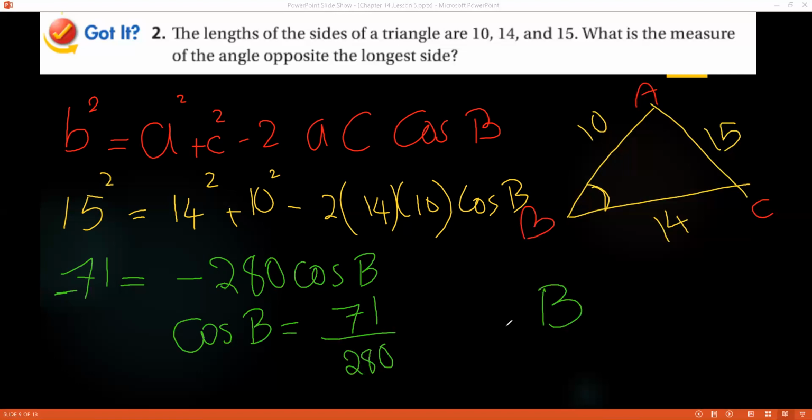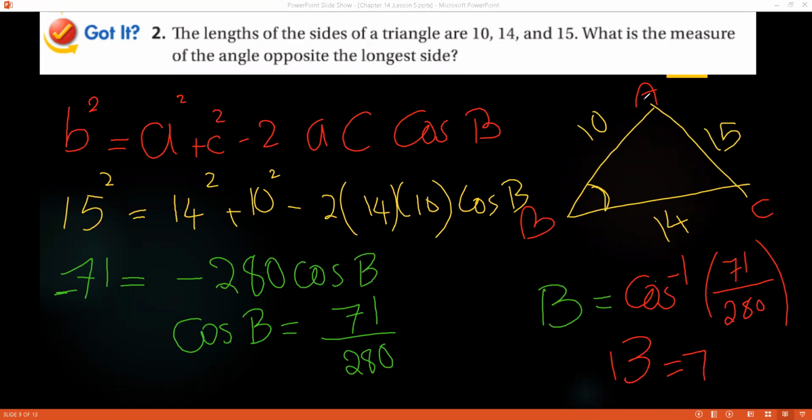So what's the angle of B? What do I have to do here? Cosine inverse of 71 over 280. So B will be 75.3 degrees.